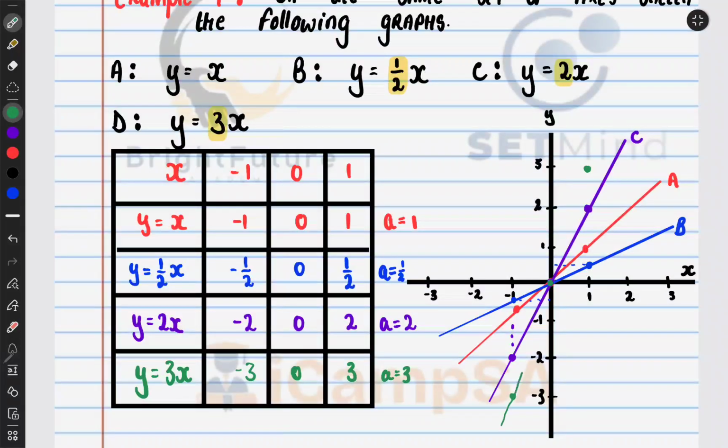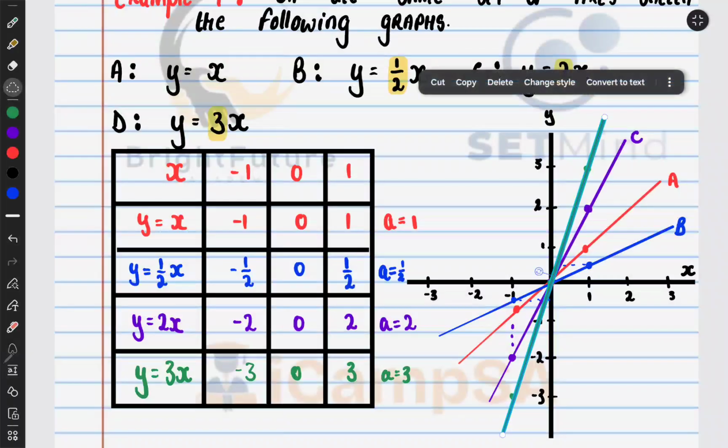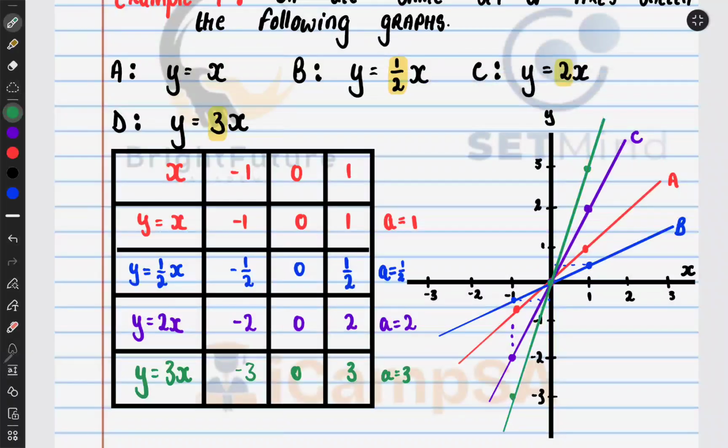You see what is happening? The steepness of the function has once again increased. So the more we increase the value of a, the steeper the function becomes, or it moves closer and closer to the y-axis. This is function number D.